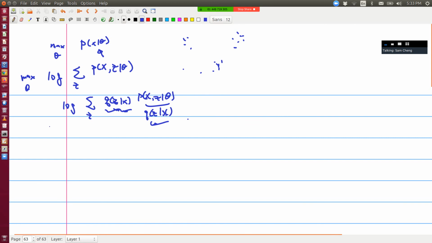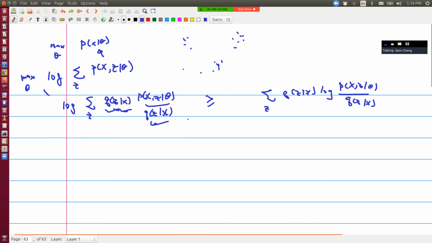I can say that this is larger than or equal to the sum over C of Q(C given X) times log of P(X, C given theta) over Q(C given X).